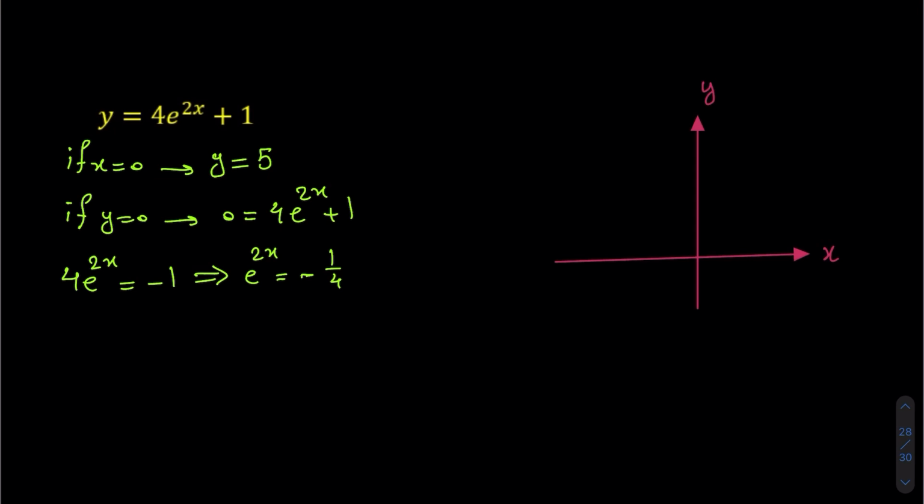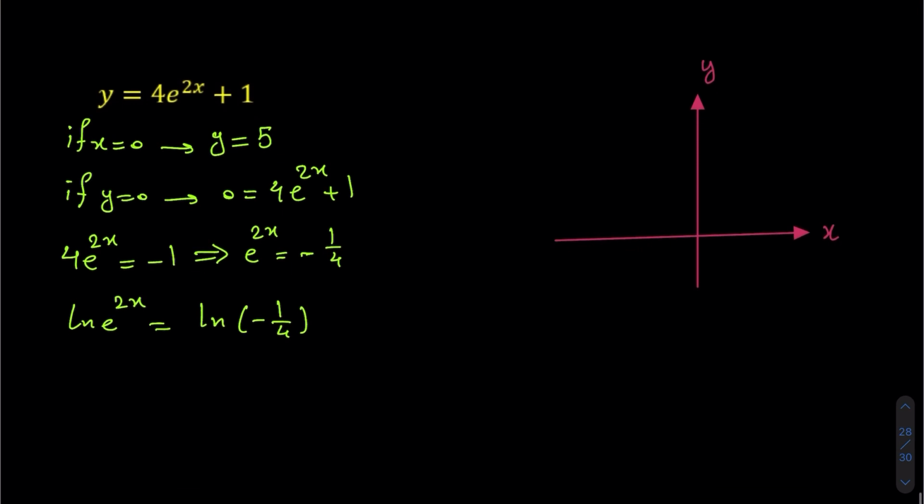Okay, so now I will take ln from both sides of this equation. It will be ln e to the power of 2x, which will be equal to 2x is equal to ln negative 1 over 4.